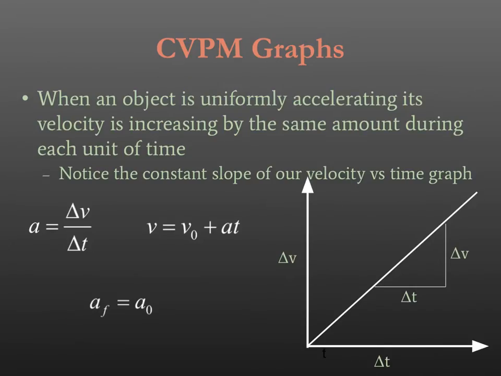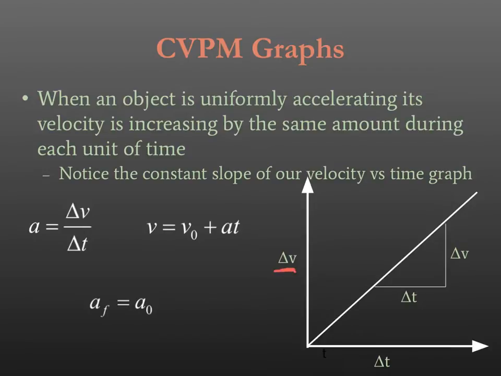Now graphically, again, hopefully we see a lot of the similarities between uniform velocity and uniform acceleration. Previously we looked at a change in position over change in time graph, and we saw it to be linear. That gave us a constant change in position, which is a constant velocity.